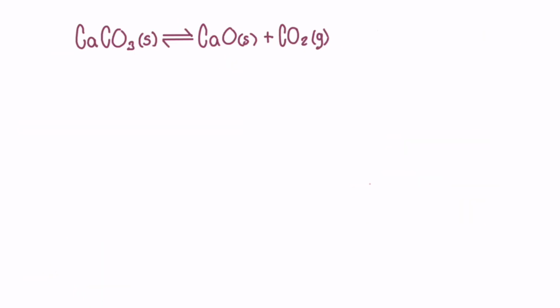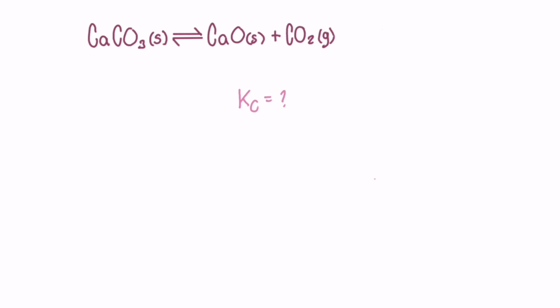Suppose we have this equation. How do I get Kc? Well, our first step is to make sure that the equation is balanced, because remember, the coefficients are what determines the exponent on top of the concentrations. So in this equation, everything is balanced.